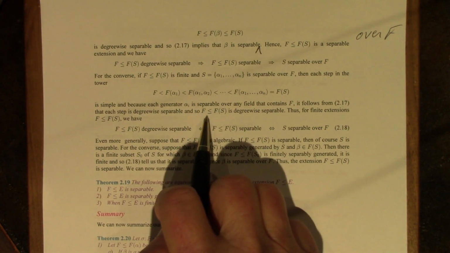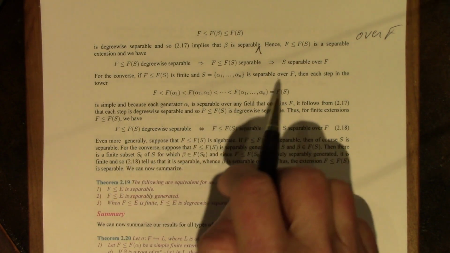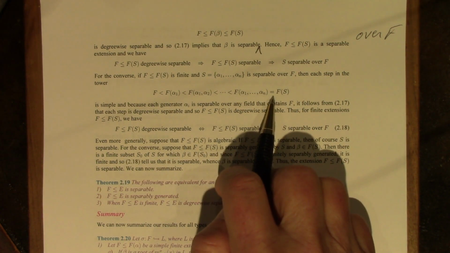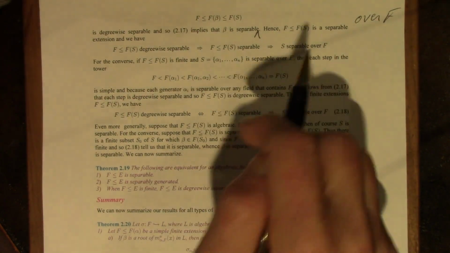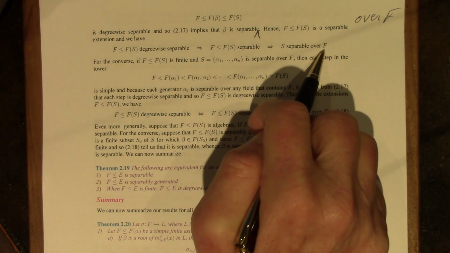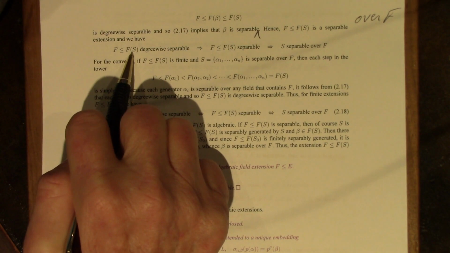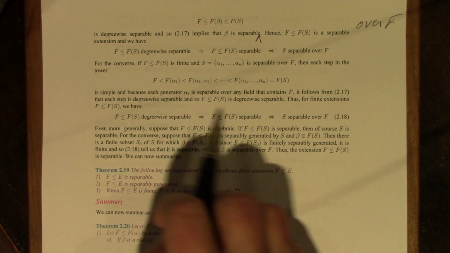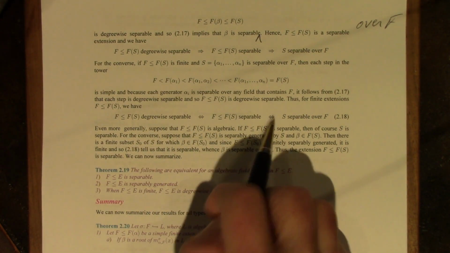And so the tower property tells us that F to F(S) is degree-wise separable. So if S is separable over F, this extension is degree-wise separable. So that completes the loop back. And so now we have equivalences here.